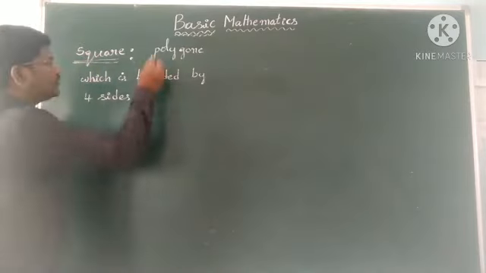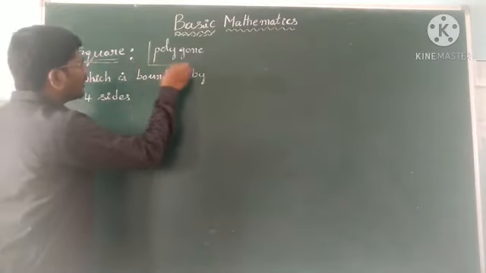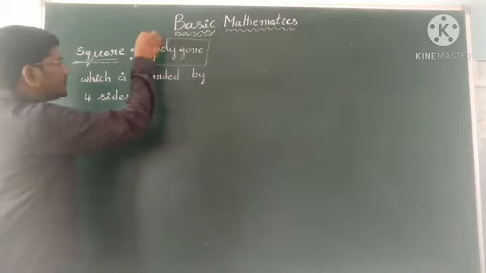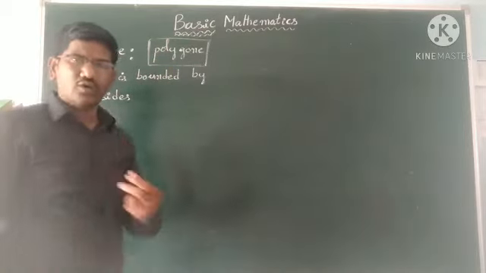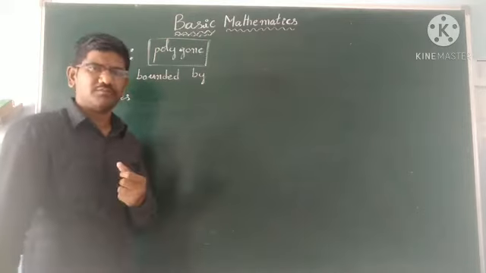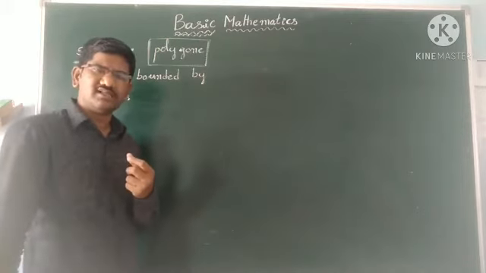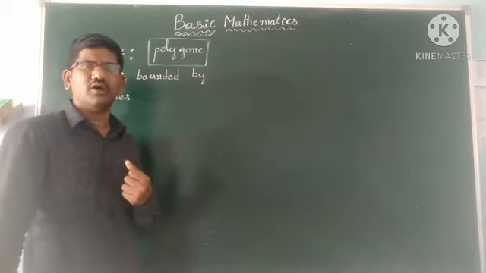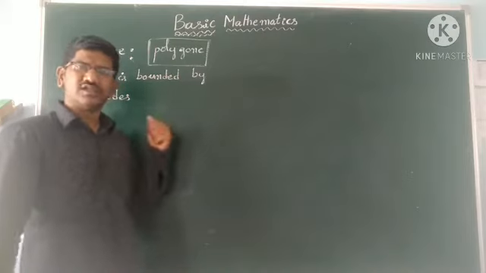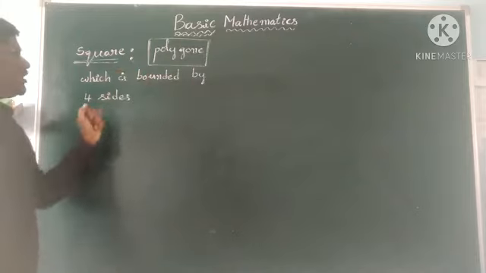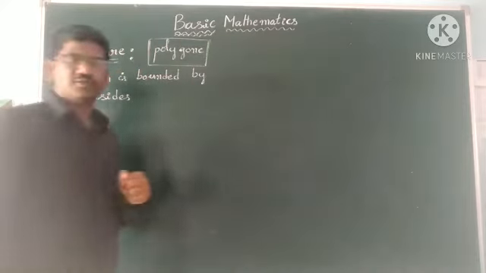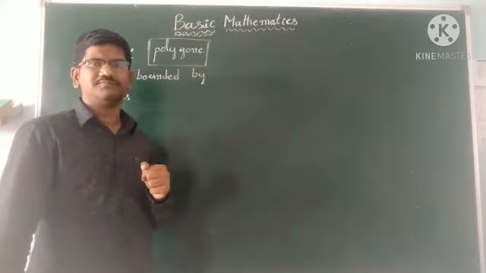You know that we know about a polygon: any closed plane figure which is bounded by at least three sides is called a polygon. So in the square we have four sides. A square is a polygon which is bounded by four sides.